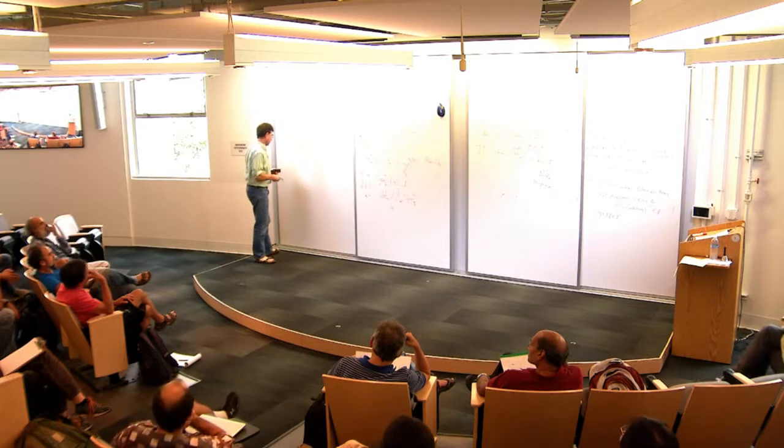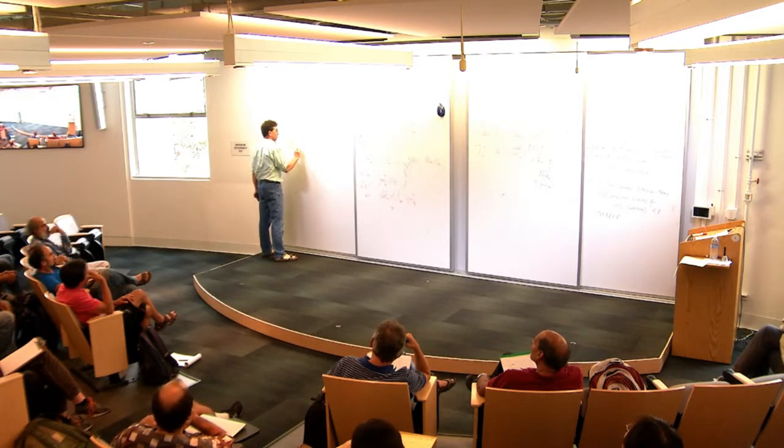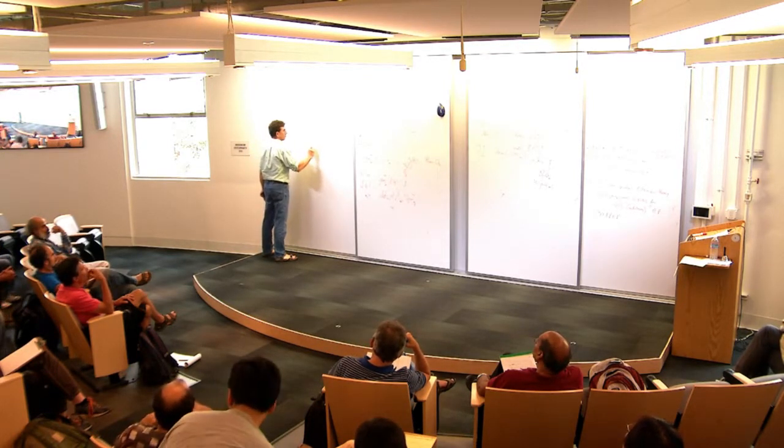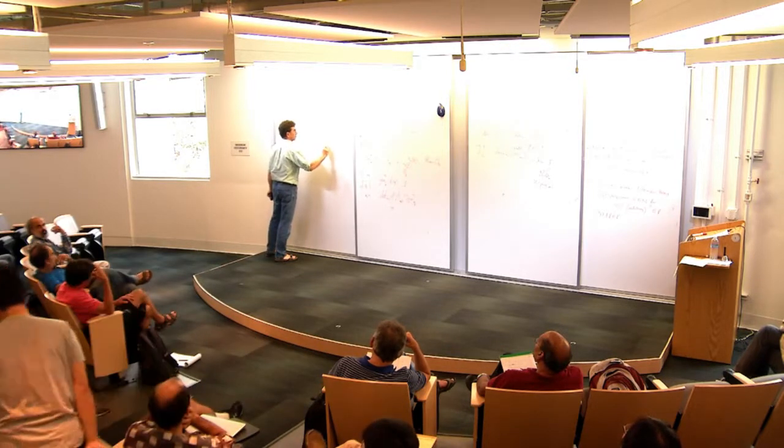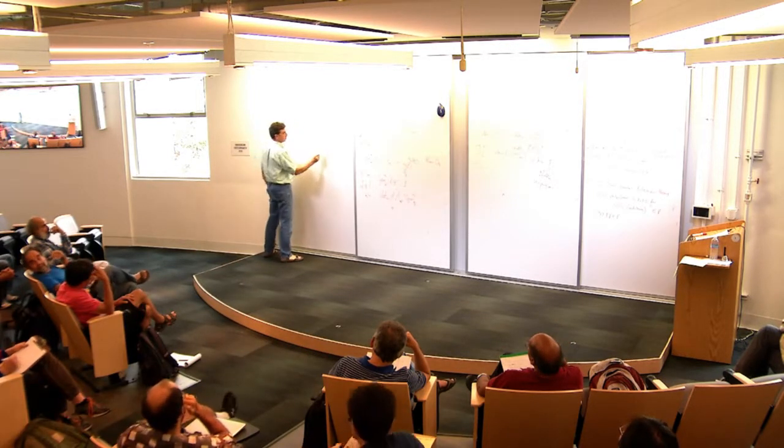So there's this Veronese variety, which is just the d-th powers.